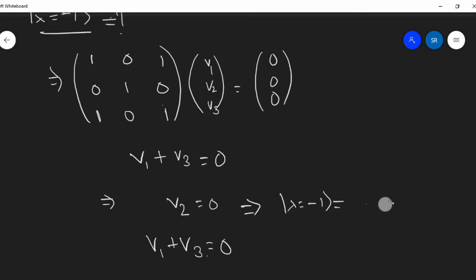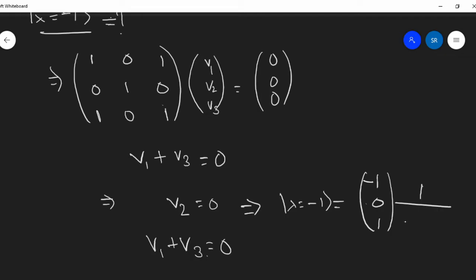So where are we here? Now as you can see, our V2 is 0. And these two equations suggest that the two values V1 and V3 are different. So we can say -1 and 1, or vice versa, whatever you want to call them.